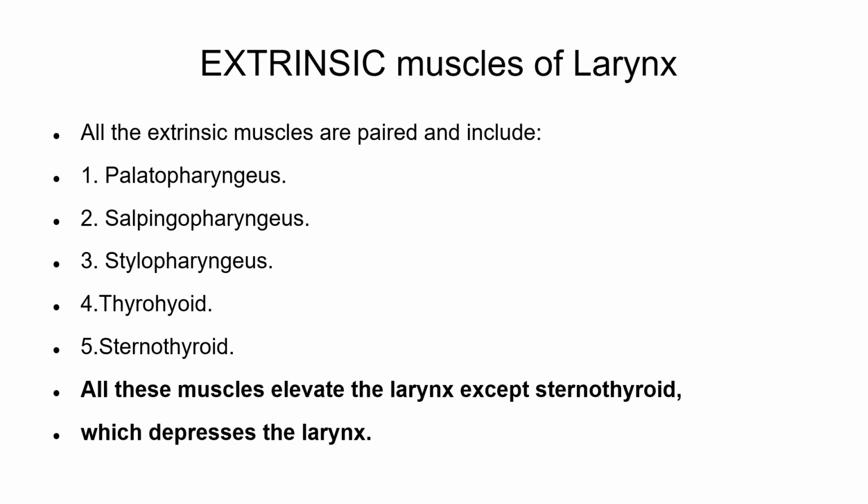You should know this, that all these muscles will elevate the larynx, except sternothyroid, which depresses the larynx. So palatopharyngeus, salpingopharyngeus, stylopharyngeus and thyrohyoid, all of them elevate the larynx, and sternothyroid will depress.